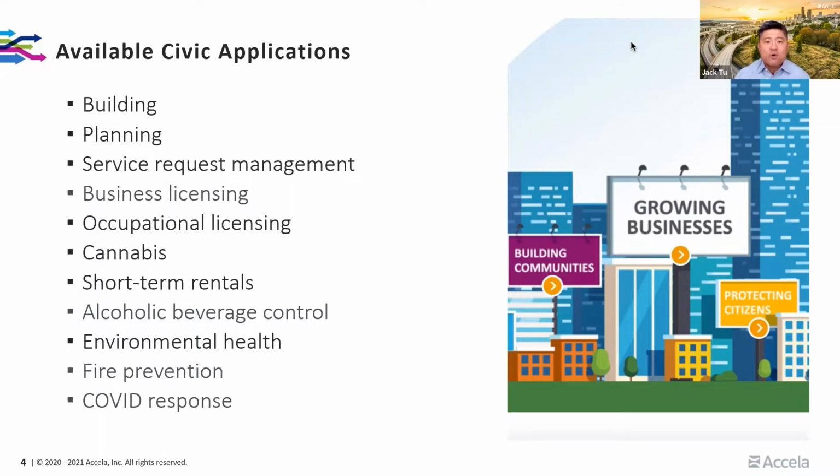The ones that we have right now are building, planning, service request management, business licensing, occupational licensing, cannabis, short-term rentals, alcoholic beverage control, environmental health, fire prevention, and our newly COVID response applications.